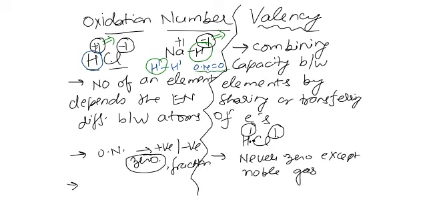So for the same element, oxidation number varies, while valency remains the same. Valency rarely changes for the same element. So now we can differentiate between oxidation number and valency.